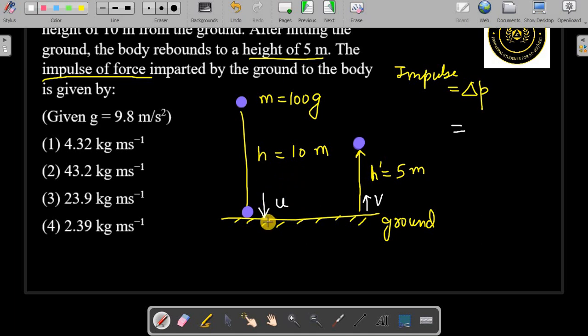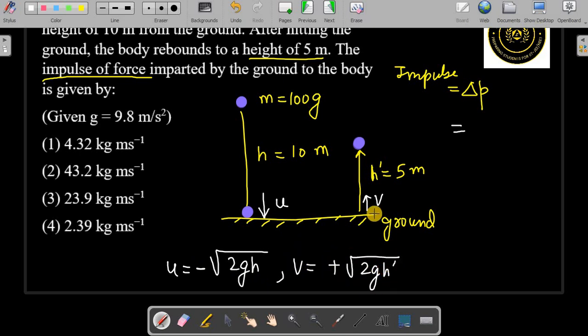So if you consider downward direction as negative, u will be negative and v is going to be positive, right? So first of all, let's calculate u. So u is going to be root under 2gh, and it is going to be negative, so you can put its value as minus. And v is going to be positive, root under 2g h dash.